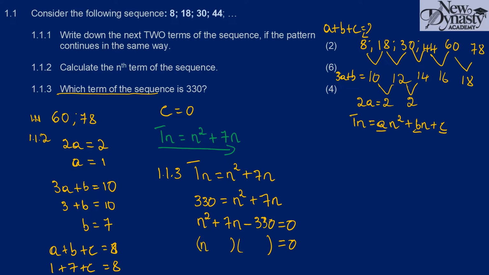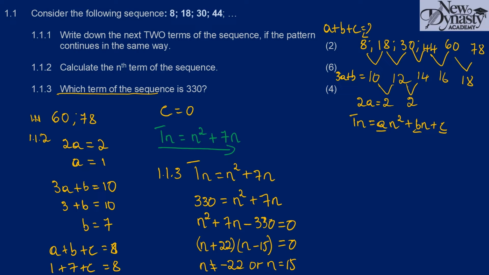So in this case, your values are 22 and negative 15. So our n is equal to negative 22, or our n is equal to 15. Grade 12, since we are looking for the term number, which term of the sequence, it cannot be negative, because we find this value by counting, so we cannot count negatives.